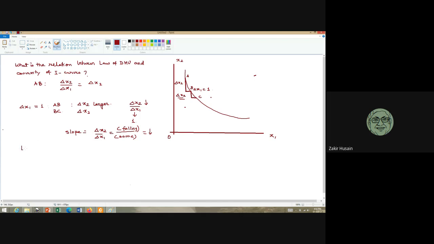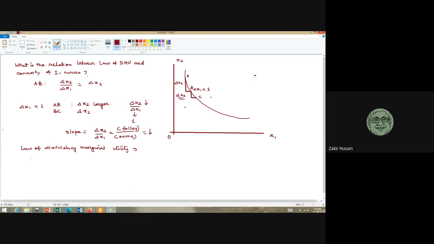Now let us bring in the law of diminishing marginal utility over here. We are introducing this into the analysis.